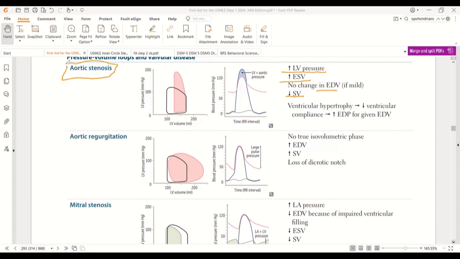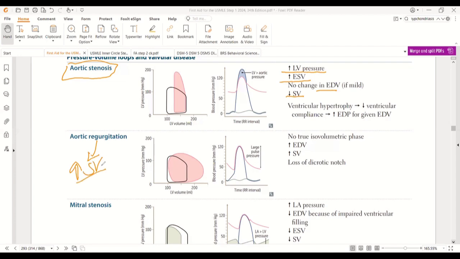Okay, next is aortic regurgitation. Two things. In a stenotic lesion, what happens to the stroke volume? It will decrease. In a regurgitant lesion, what happens to the stroke volume? Increase. So you have some sense that a regurgitant lesion leads to increased stroke volume, right?